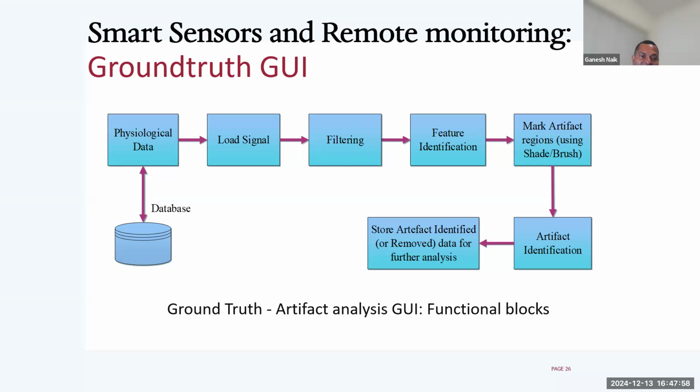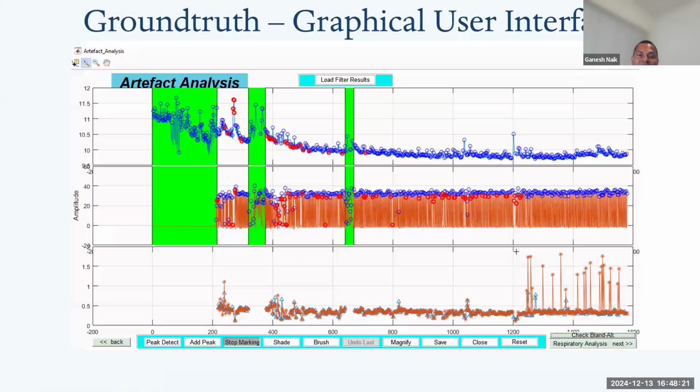It was just a t-shirt embedded with several sensors. Therefore the first thing was basically to identify the artifact, mark the artifact, and then remove the identified artifact data for further analysis. So therefore I developed this software, again, for artifact removal.